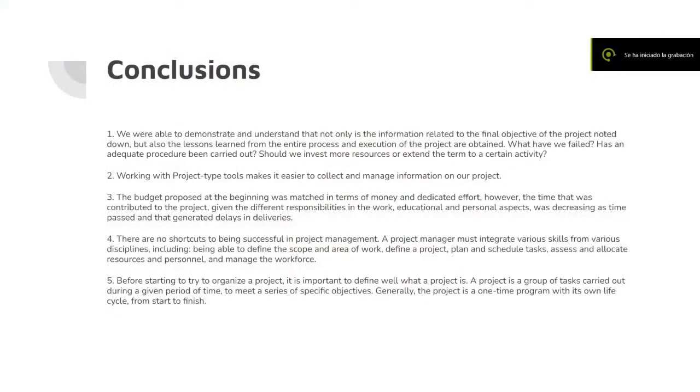The next slide is conclusions. The first one is we were able to demonstrate and understand that not only is the information related to the final objective of the project noted down, but also the lessons learned from the entire process and the execution of the project are obtained. For example, what have we failed, has an inadequate procedure been carried out, should we invest more resources or extend the term for certain activities.